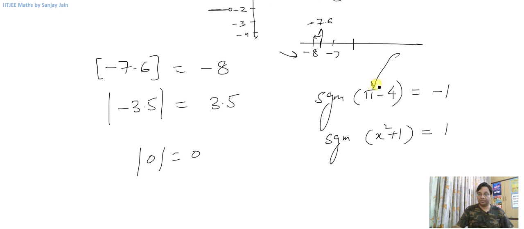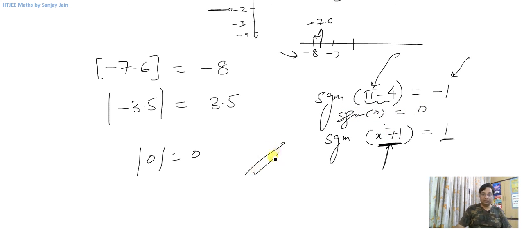Because inside this bracket, for the value of x, I have put pi minus 4, which is something negative, and if it is something negative, it will return me minus 1. Here, x squared plus 1 is always positive, so it will return me 1. Okay, and of course if I put 0 here, it will give me 0 as the result. So these were some basic functions.